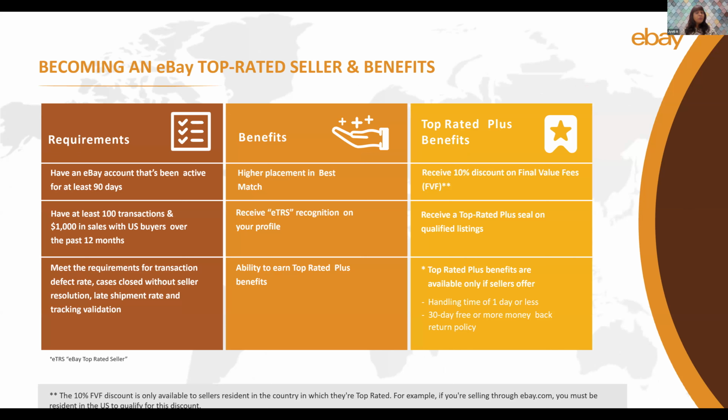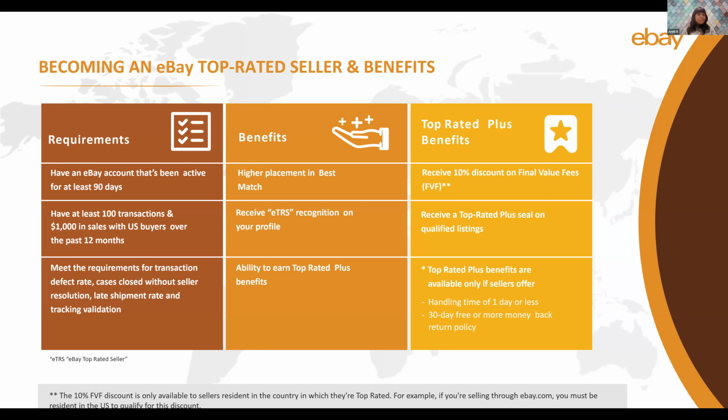To become an eBay top rated seller, you will need to have an eBay account that's been active for at least the last 90 days, have at least 100 transactions and $1,000 in sales with US buyers over the past 12 months, comply with eBay's selling restrictions policy, and meet the requirements of the transaction defect rate, cases closed without seller resolution, and the late shipment rate, along with tracking validation, as we discussed and saw in the earlier slide.